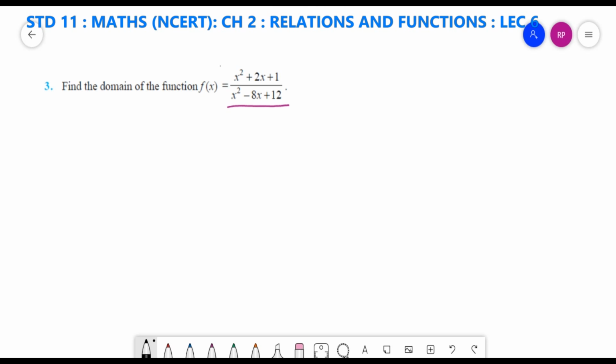Now you know in a fraction the denominator cannot have the value of 0, because if it is 0, that means the function will be undefined, right? So let's find out where the denominator is having the value of 0.